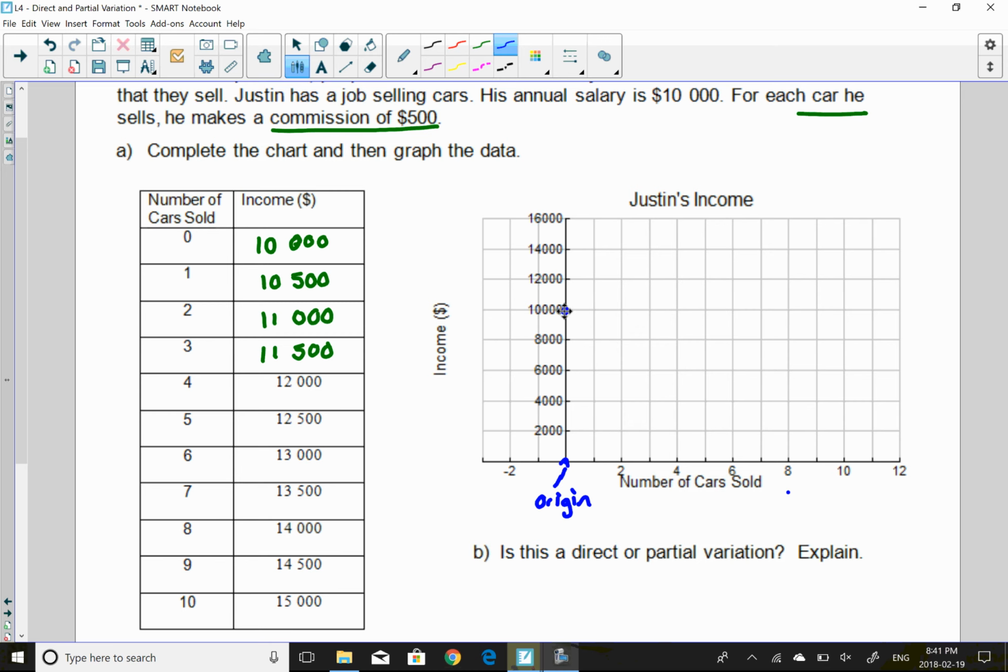So 10,000, I'm going to graph the important ones. So I'm going to go to 4 and 12. 6 is 13. 8 is 14. 10 is 15, and so on.